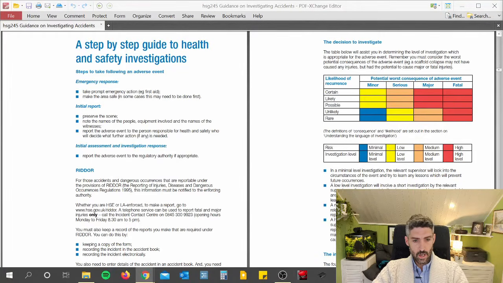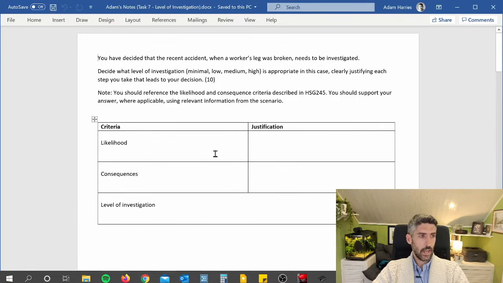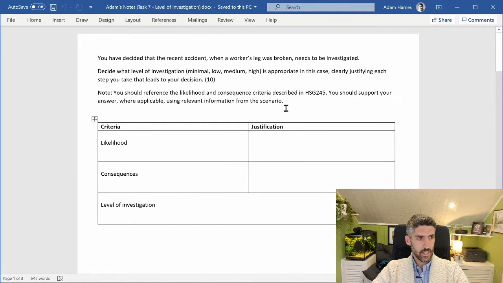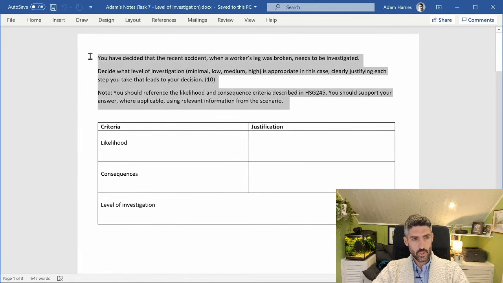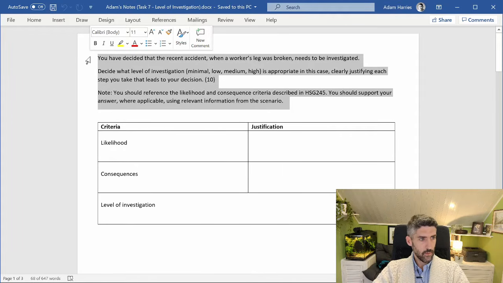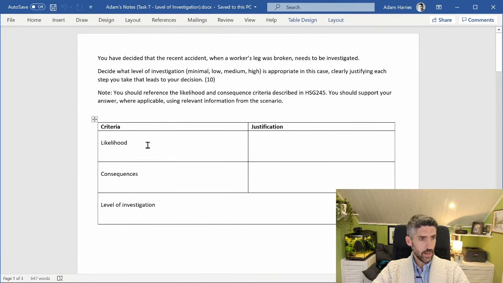So what I would do is use a structure like something like that. This is just the question copied and pasted to save me flitting from one document to the other. And then what I've got in this table here is the likelihood, and then the justification, and the consequences, and the justification, and then the level of investigation going down below.